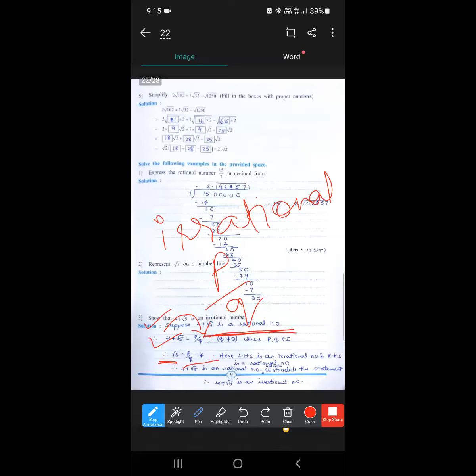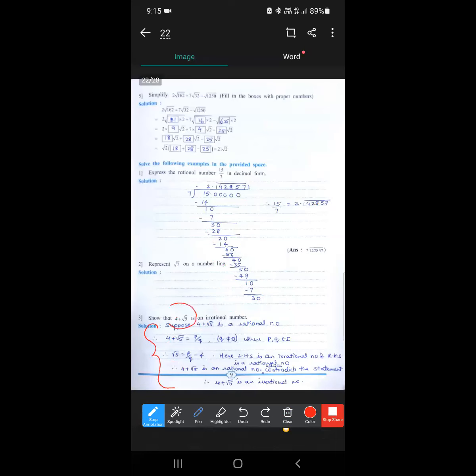So students, here you can see that this proof or solution is hardly 4 to 5 lines. And here they have given the example of 4 plus root 5. They may give the example as 2 plus root 3, 1 plus root 5, any example, and you need to show that this particular number is an irrational number. So here the method or the statement will remain the same, only the numbers you need to change.